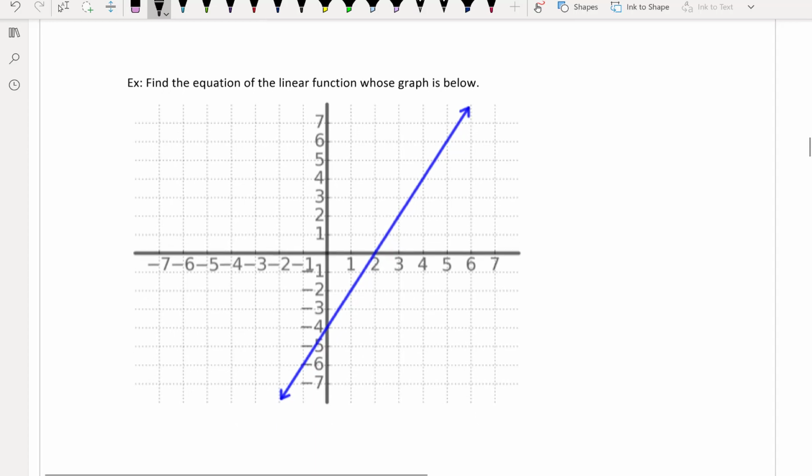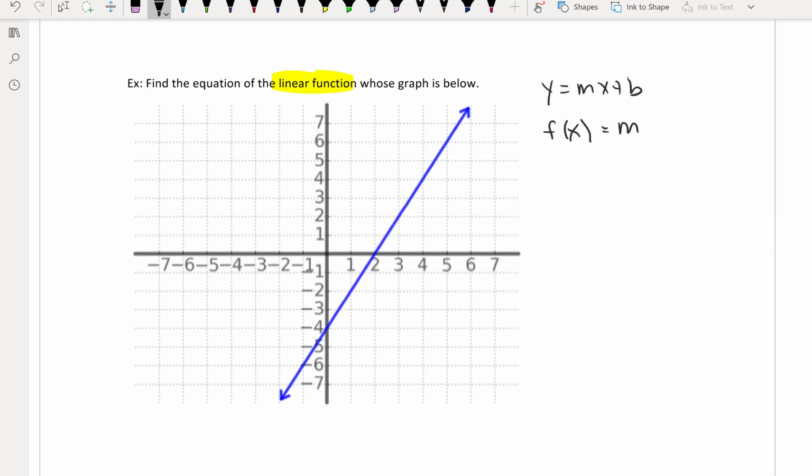Now, it's going the opposite direction for this example. It says, find the equation of a linear function whose graph is given below. So again, they want us to find a linear function. So instead of y is equal to mx plus b, they specifically want f of x is equal to mx plus b. So what we have to figure out is an m value and a b value here.